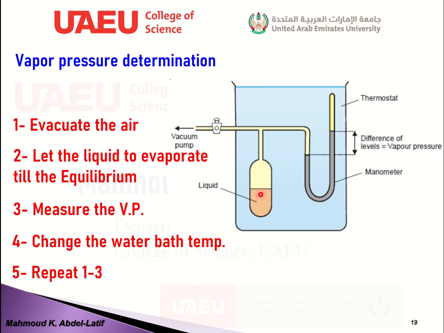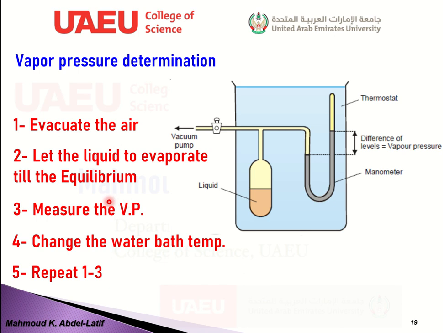Once you reach this equilibrium, you can determine the vapor pressure of that solvent. The vapor pressure will be the difference in the mercury heights in both arms of the U tube. Just evacuate the air, let the liquid evaporate until equilibrium, and measure the vapor pressure.